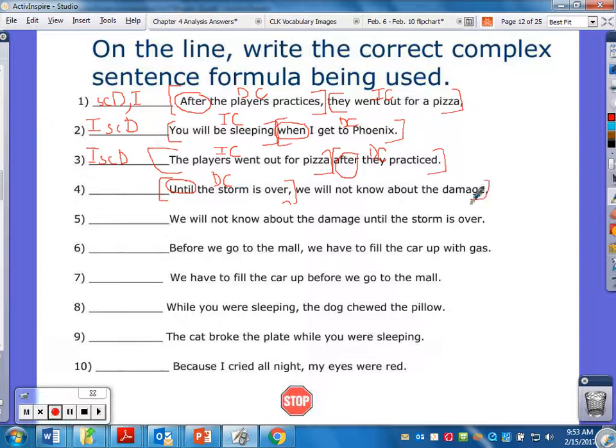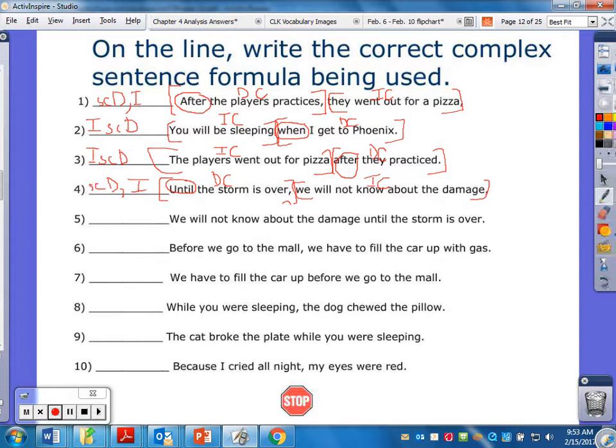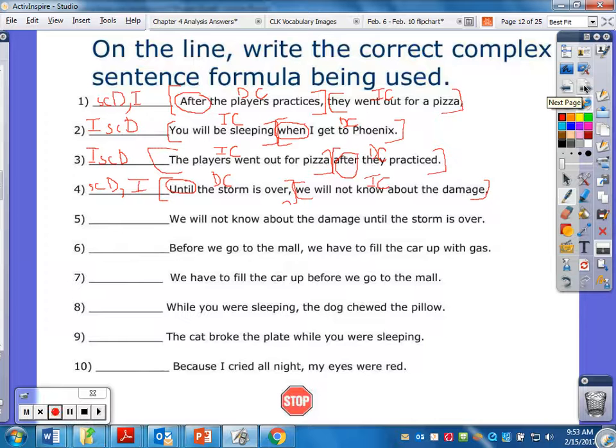That makes sense on its own. This is our independent. So our sentence formula would be SC, D, comma, I. You have to have the comma when you have a dependent clause coming first. Look at 5 through 10 and see if you can figure out each sentence formula being used.